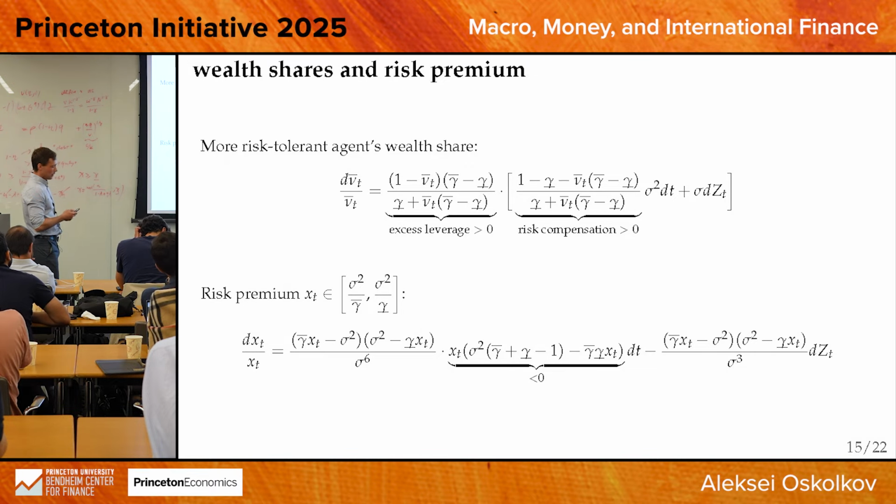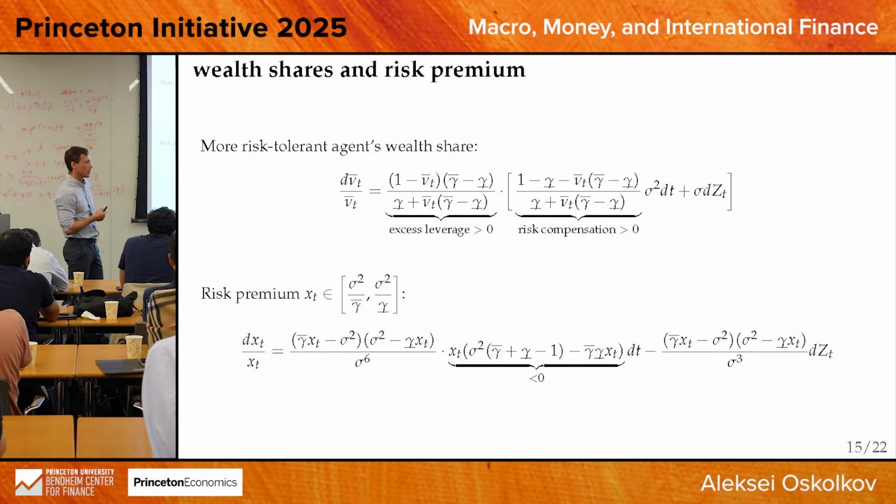The wealth share of the more risk-tolerant guy is positively exposed to this shock Z that increases the output of the economy above trend. And it's also drifting up. We can show that this risk compensation term is positive. Why? Because this agent invests more in the risky asset and then gets the risk premium.